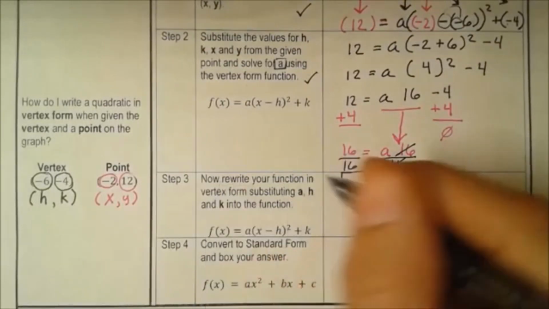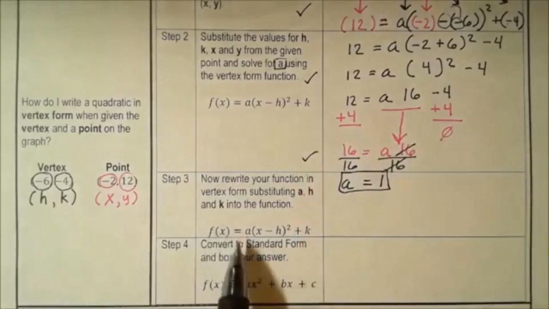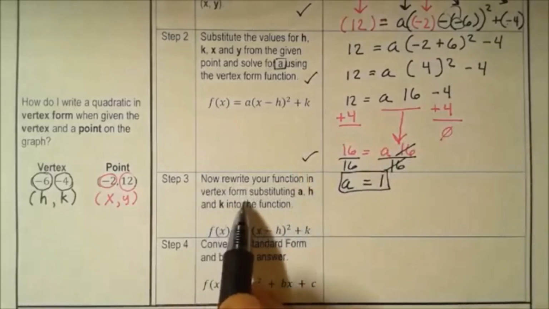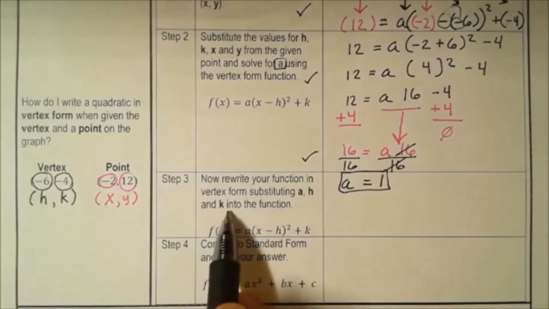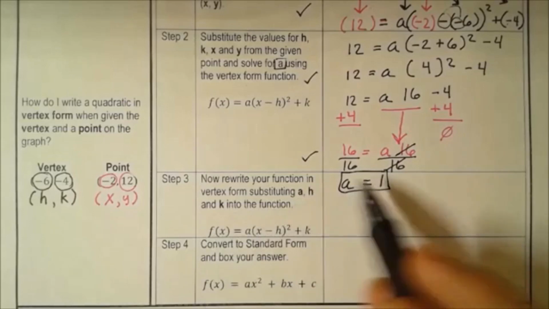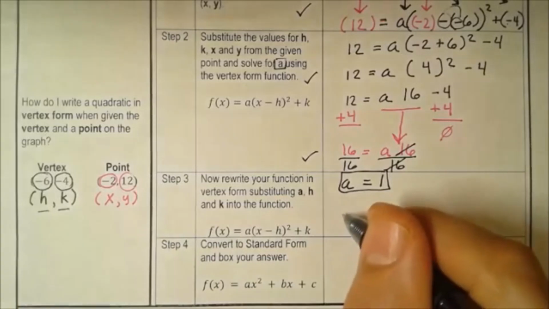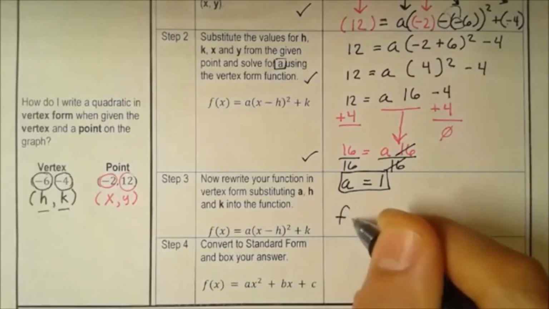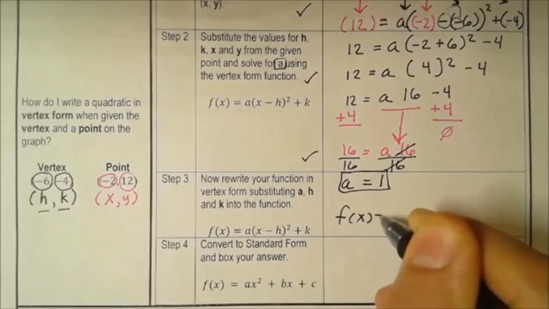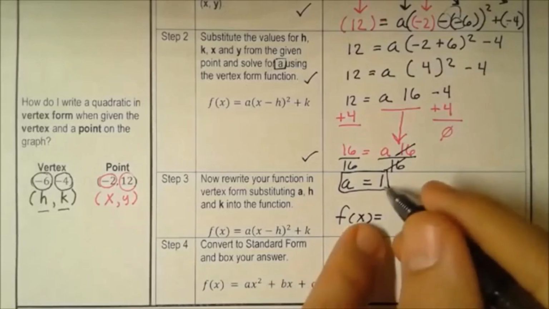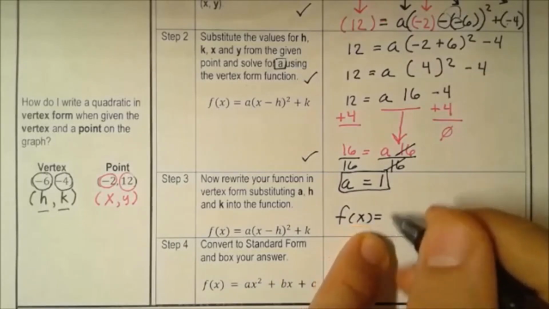So look for step 3, because we're finished with step 2. It says now rewrite your function in vertex form, substituting a, h, and k. So we're going to substitute a, h, and k. So we have f of x is equal to a, which is 1. Now I could write a 1 here, but I really don't have to.